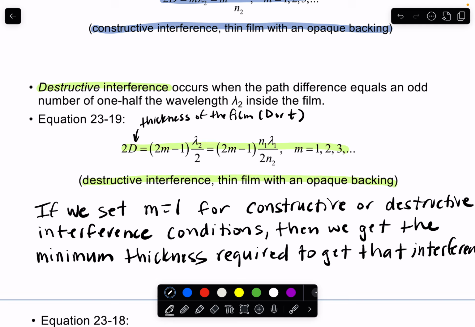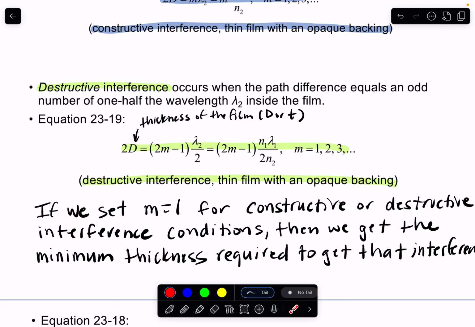So the next thing we're going to do is find the minimum thickness. This is going to give us all the different interference conditions. So the question is, how can we find the minimum thickness for each interference condition?